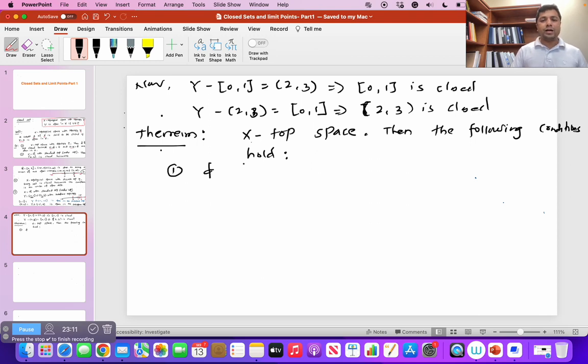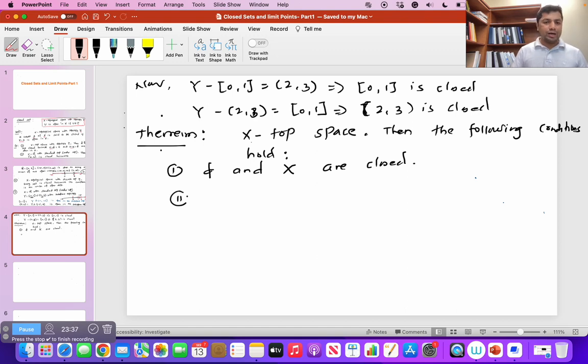One of them is that the empty set and the whole set X are closed, which we have already seen in the example. If you look at the first example, since the empty set is the complement of the whole set and the whole set is the complement of the empty set, both are closed, which we have already seen.